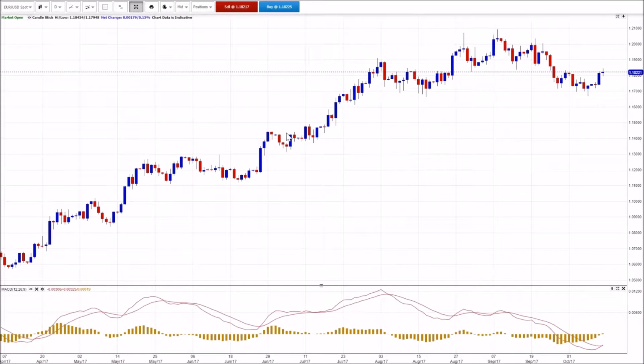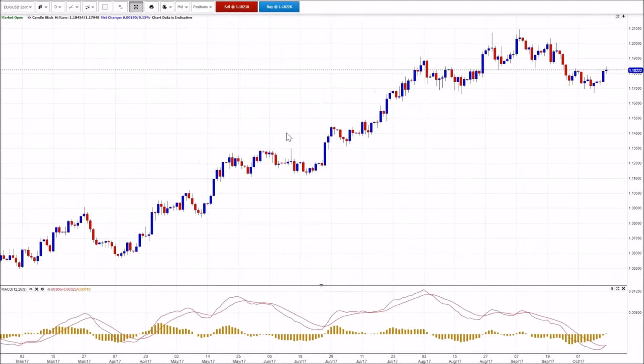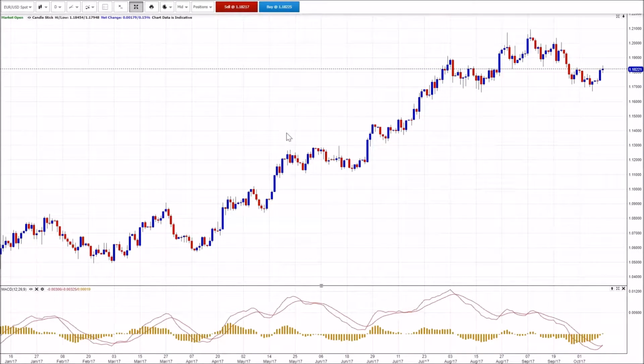And I thought we'd start off with euro dollar, and then we'll have a look at the pound against the dollar, because we have seen in euro dollar quite a half decent sell-off over the last sort of 5 weeks or so. We've come from the 121 area and traded as low, briefly below 117.